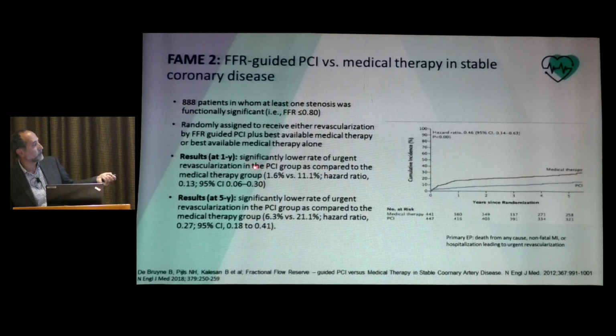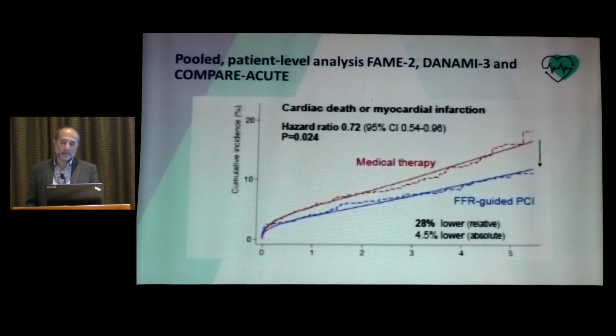The 1-year results were reported a few years ago, but recently they reported the 5-year results. This shows that if you do FFR-guided PCI in patients, compared to optimum medical therapy, there is quite a difference in terms of reduction of MACE in favor of FFR-guided PCI. So it really works.